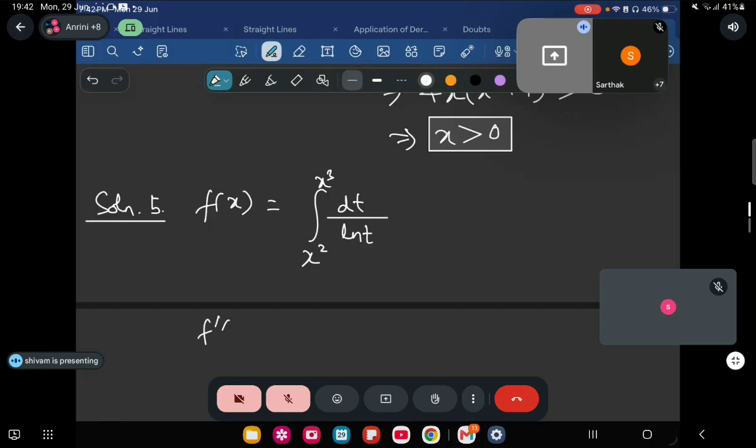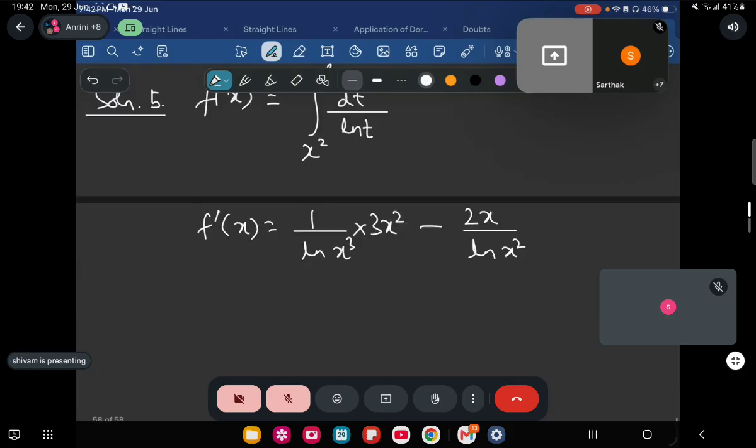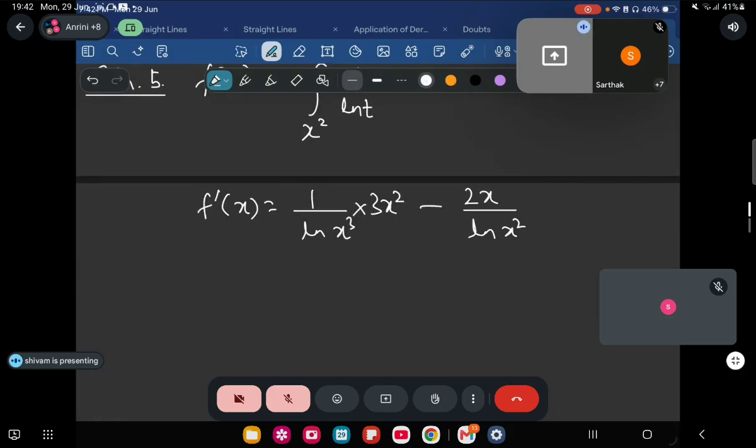F dash x will be equal to 1 upon ln x cube into 3x square. Right, you people remember the rule, right? Minus 2x upon ln x square. Tell me, Memel, Sarthok, are you getting? Okay. Let us simplify this.